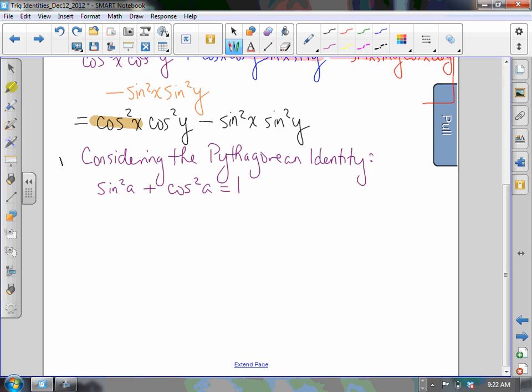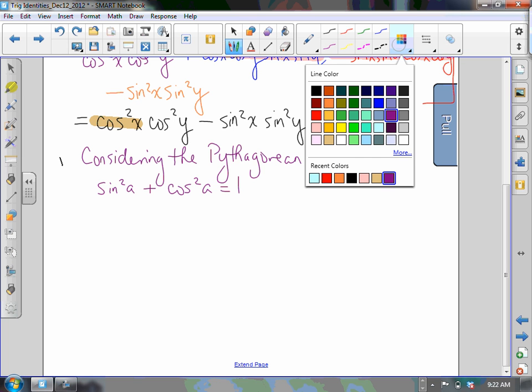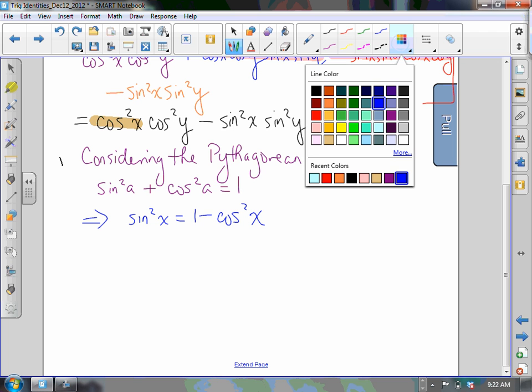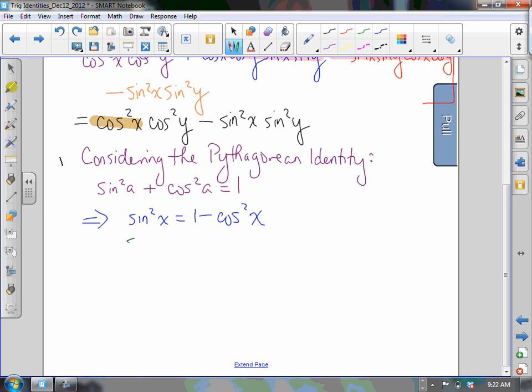In fact, what that implies, using this particular rule, we could say that sine squared x is 1 minus cos squared x. We can also say that the other expression, sine squared y, would be 1 minus cos squared y.